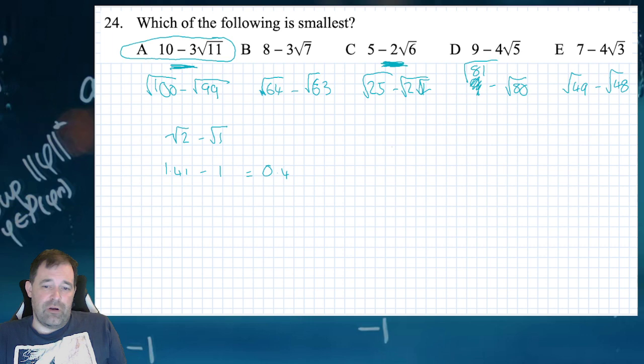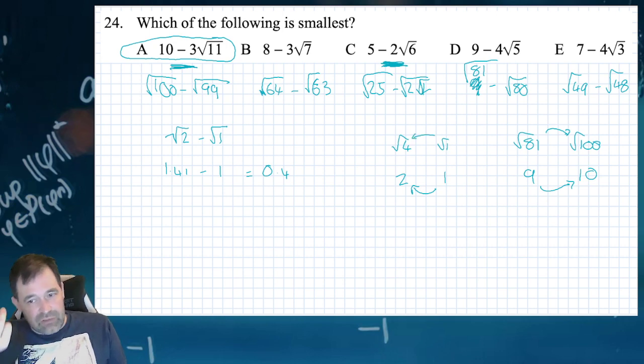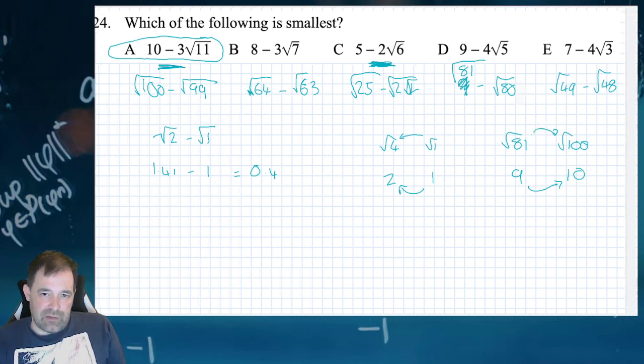So to get from root 1 to root 4, that's 3 steps, and that's 2 and 1, so 3 steps to get between two whole numbers. But when you've got root 81 and root 100, that's 19 steps to get from 9 to 10. So the number of steps it takes you to get from one to the other, given they're both one apart, is 19 steps in terms of square root steps versus 3. So it gets larger, i.e. the gaps must get smaller as we go up. That's a nice way of saying it.